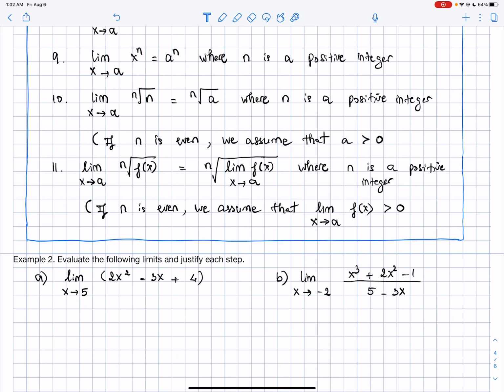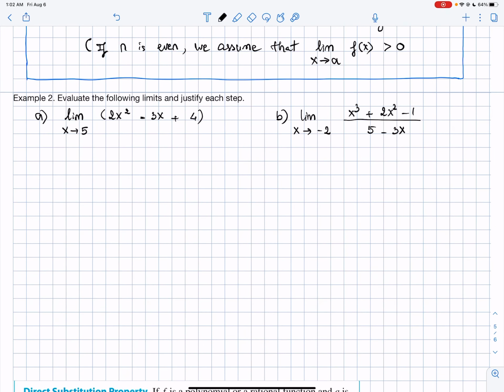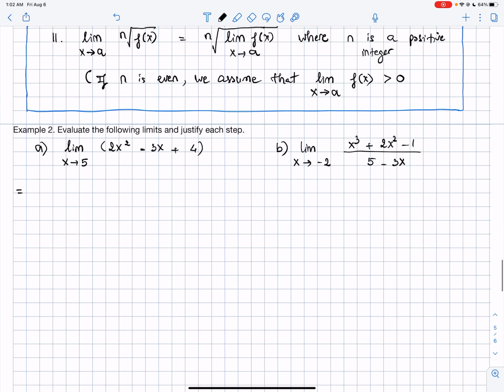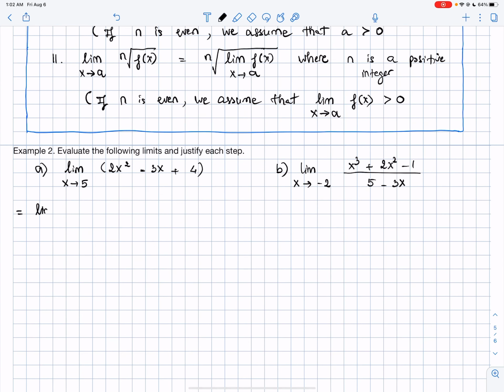In part A, we can use the first law, and we will do the limit as x approaches 5 of 2x squared minus the limit of 3x as x approaches 5, plus the limit of 4 as x approaches 5. So we are using the first law, and then we can move the number to the front.